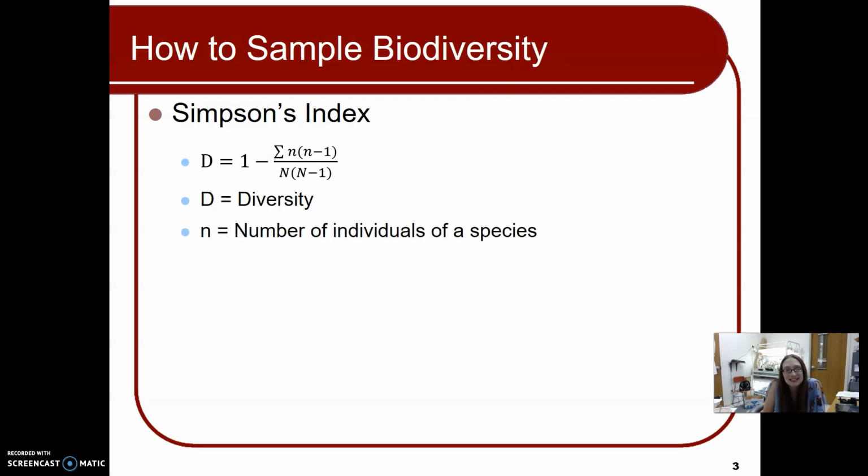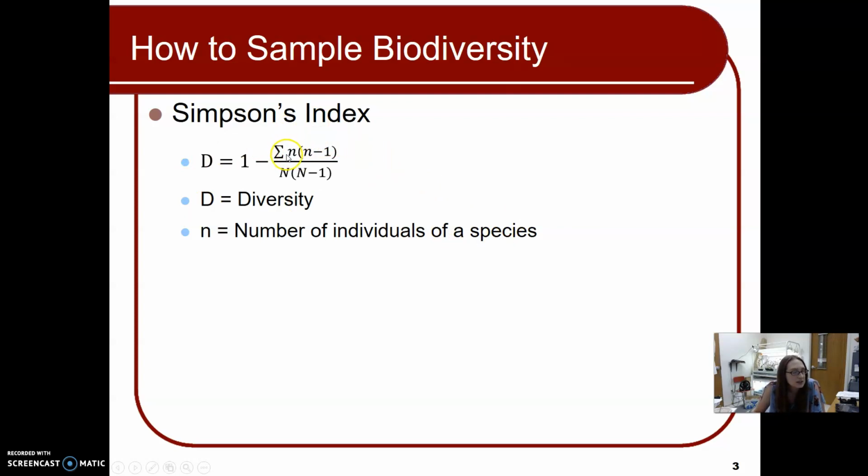Little n is the number of individuals of a species. So the top has that little weird sigma, this little symbol, if you can see that. That just means add them up. So we're going to look at each species and how many there are.